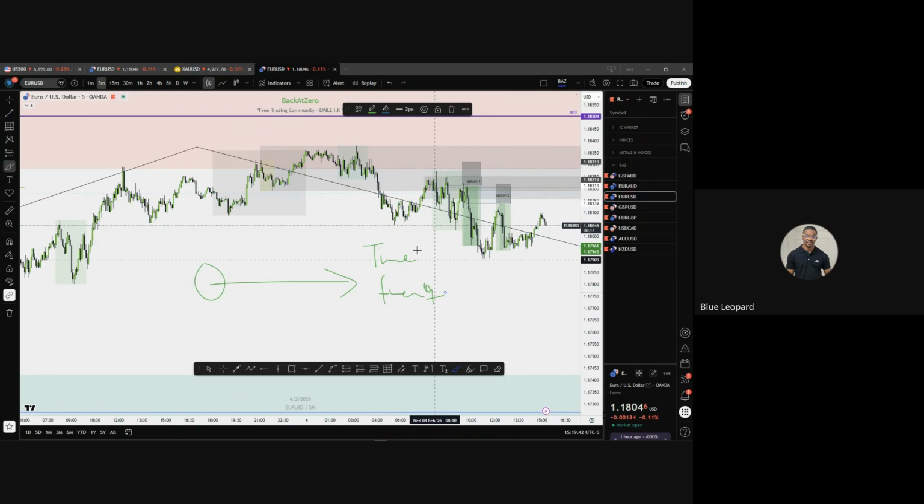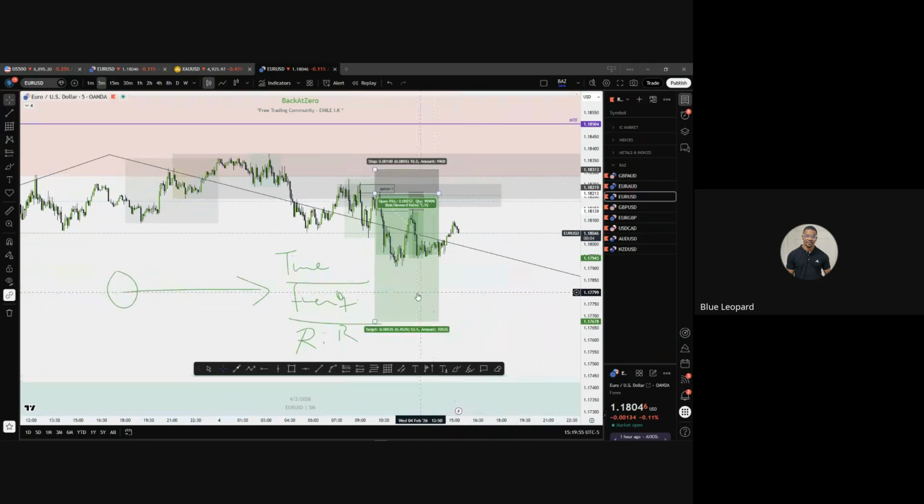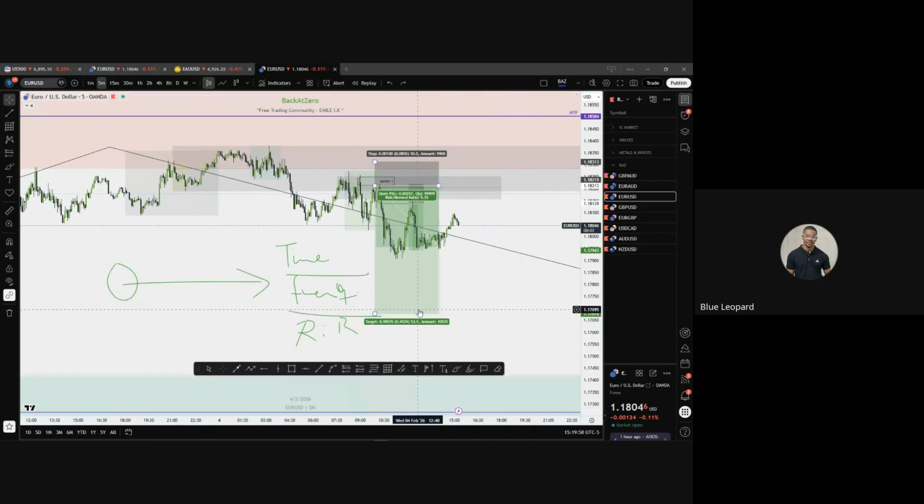But all this will work when you master your risk reward. Because if I take this trade and target 5R, I will never reach my target. So you must be very careful what you target.